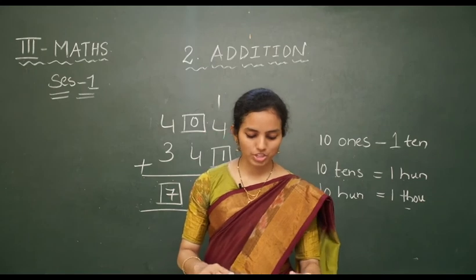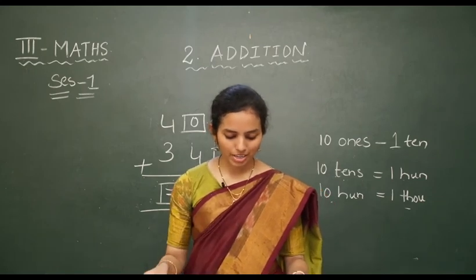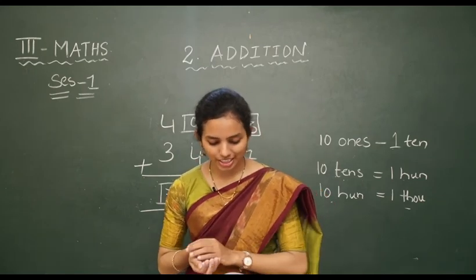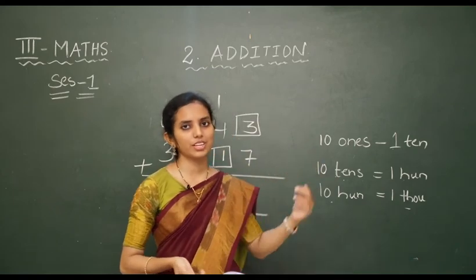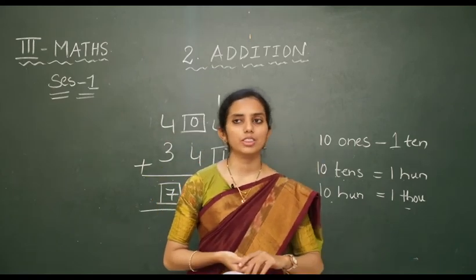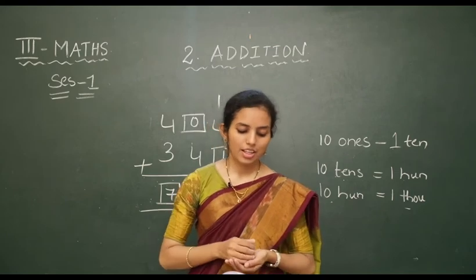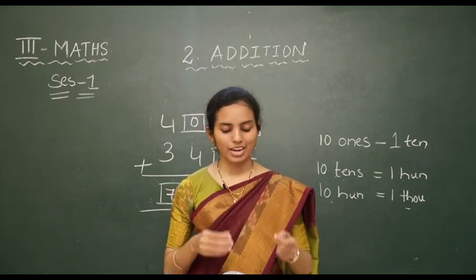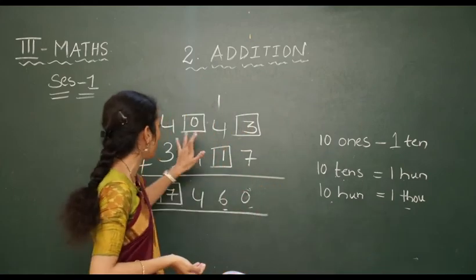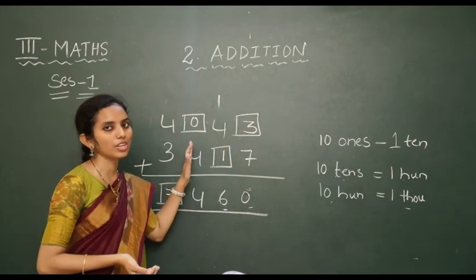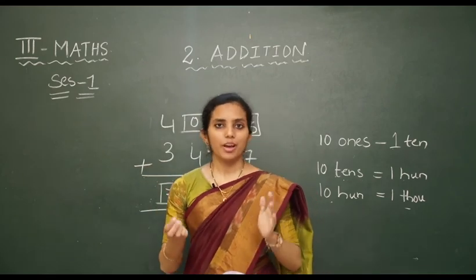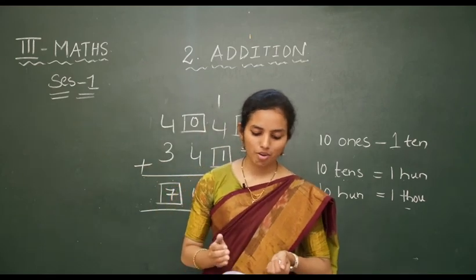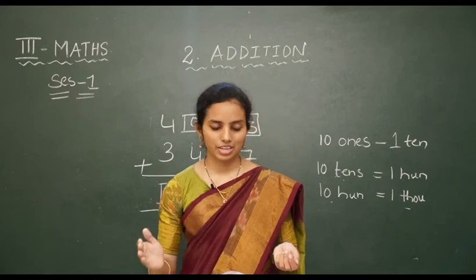The fifth question is, what number do you get when you add the greatest 3-digit number and the smallest 4-digit number? Just now we have seen the number we get is 1999. The next question is, what is the sum of a number and a 0? Just now we have seen, if 0 is added to any number, the result remains the same as the number. So the sum is the number itself.